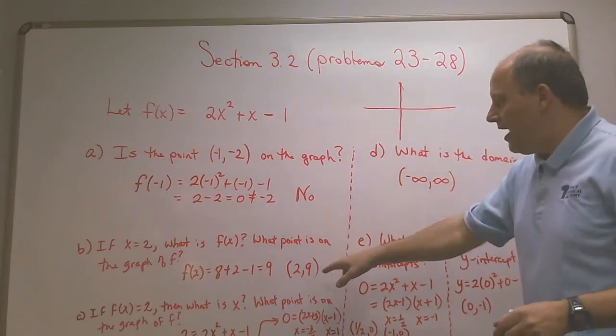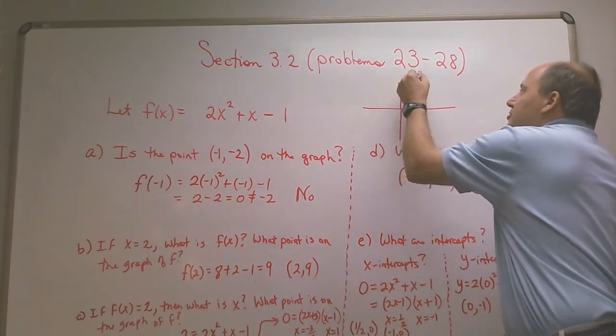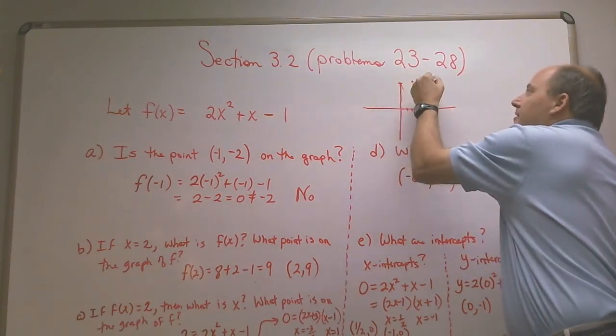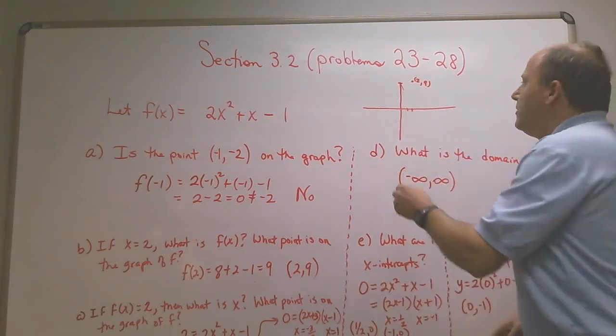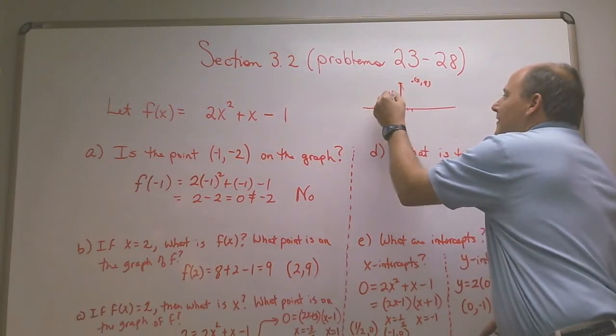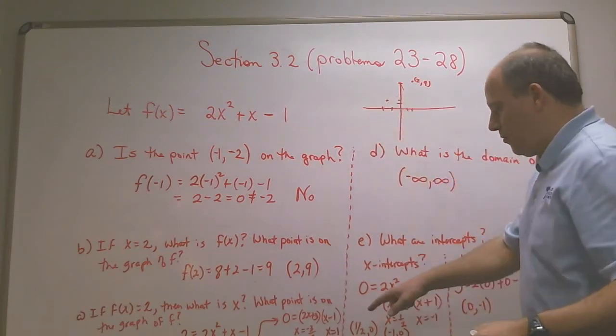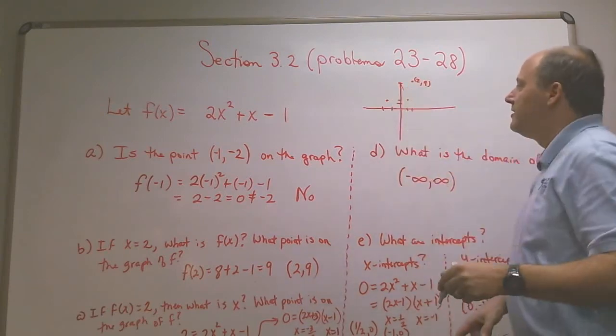You know (2, 9) is a point on this thing, so you can go over here 2 and then up 9, so there's (2, 9) up here. You know there's another point at (-3/2, 2). So about right there. And you know another point at (1, 2), which is right there.